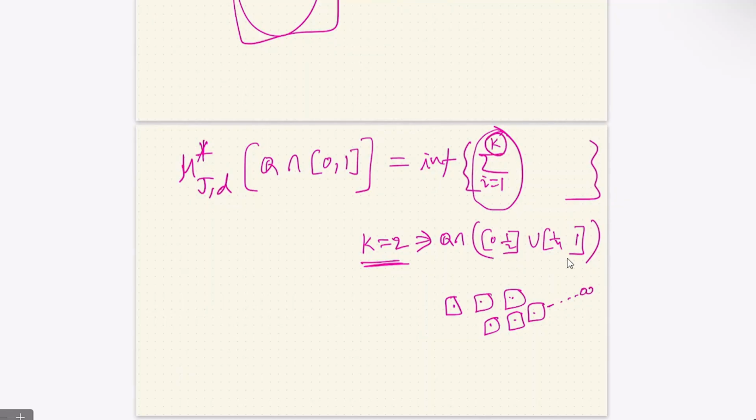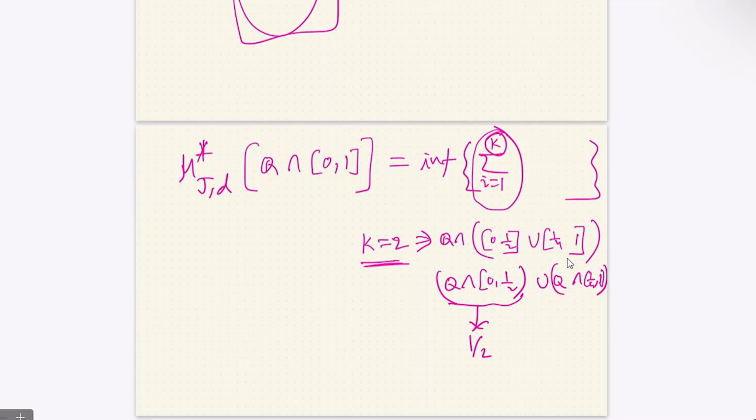But here we have only finite things. So you have to go with the finite cover, that is q intersection 0 comma 1 by 2 union q intersection 1 by 4 comma 1. The measure of this one is just 1 by 2 plus, for the intersection with 1 by 4 comma 1, I think it is 3 by 4, right? This measure is 3 by 4, so it is more than 1.